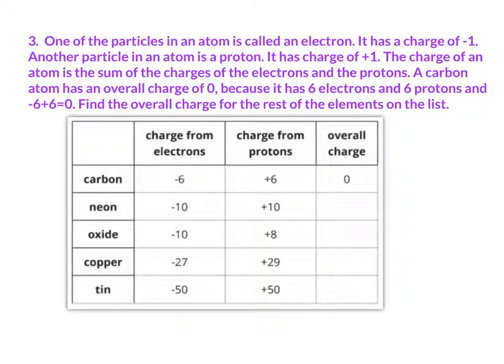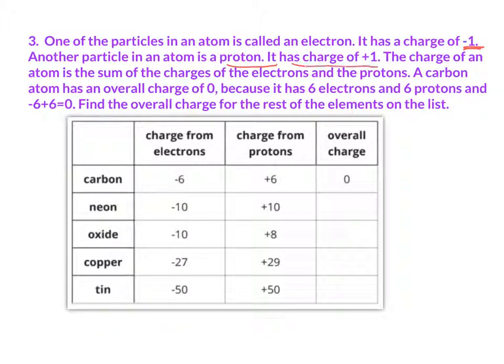Moving right along. One of the particles of an atom is called an electron. I believe you guys did some of this in science this year, if I remember correctly. Regardless, one of the particles in an atom is called an electron. It has a charge of negative 1. Another particle in an atom is a proton. It has a charge of positive 1.